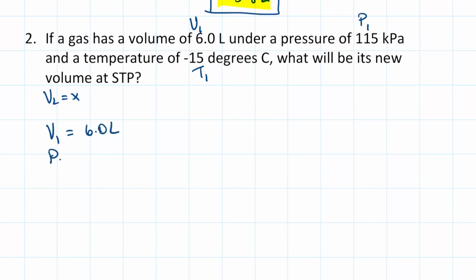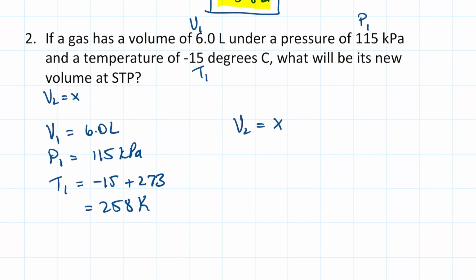V1, 6.0 liters, P1, 115 kilopascals, temperature T1, minus 15. I'm going to add 273 to that, and I'm going to get 258. That's now in Kelvin.